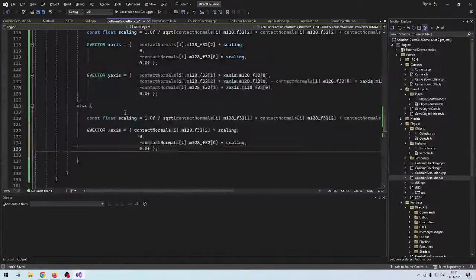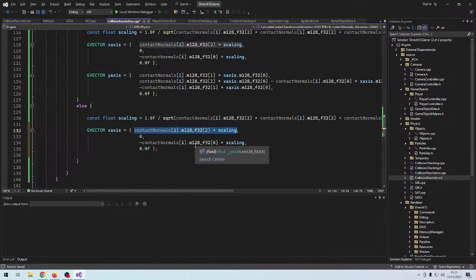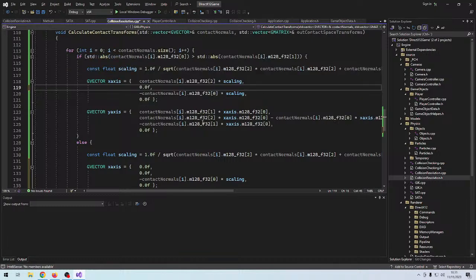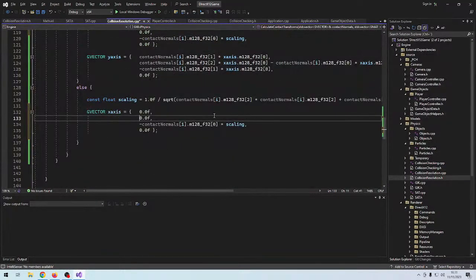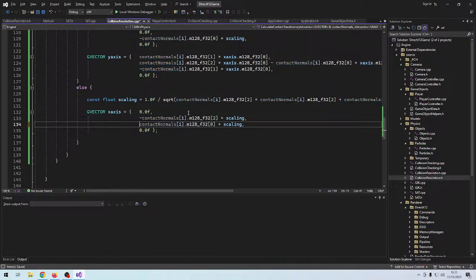We do an x-axis where we set the first component to 0. Let's do this as well in the other versions. There we go. And the second component is equal to the negative contact normal times the scaling factor. Then the next one is the contact normal y times the scaling factor.